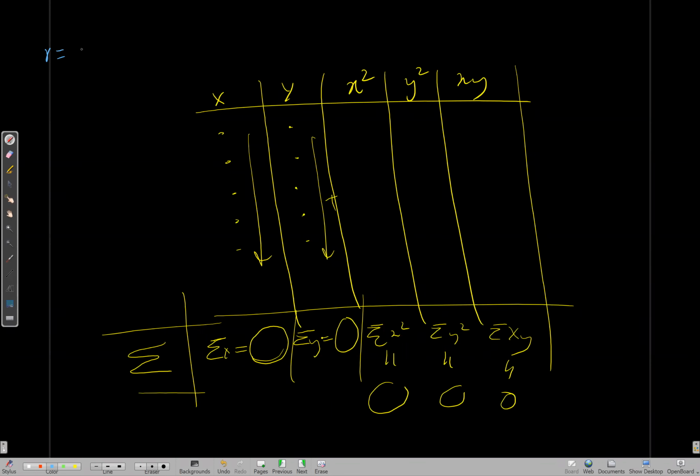R is n times sigma xy minus sigma x times sigma y, divided by the square root of n times sigma of x squared minus the square of sigma x.